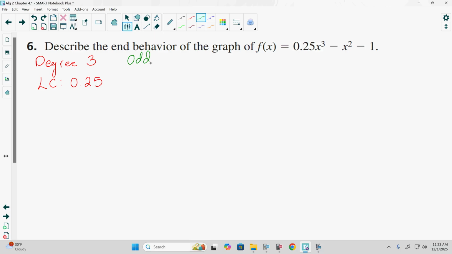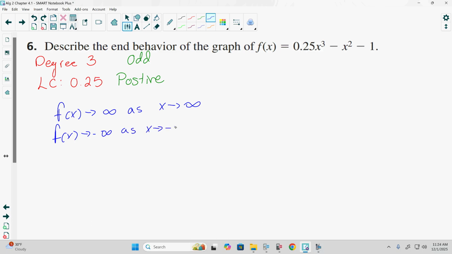Now, the leading coefficient, is it positive or negative? Positive. So since the degree is odd and the leading coefficient is positive, it tells us that f of x approaches infinity as x approaches positive infinity, and f of x approaches negative infinity as x approaches negative infinity.